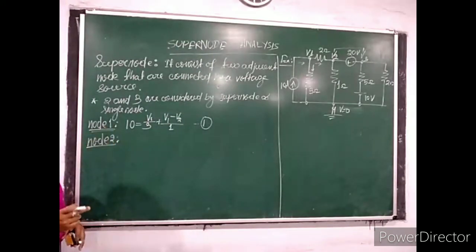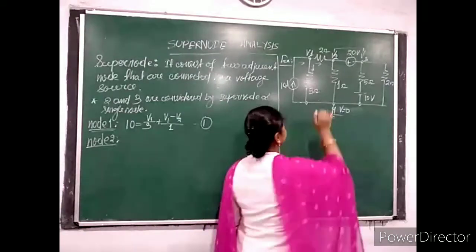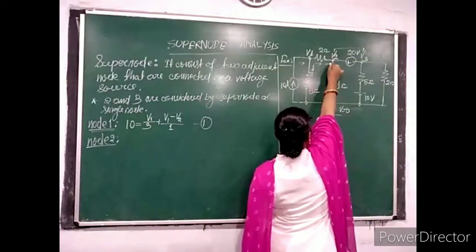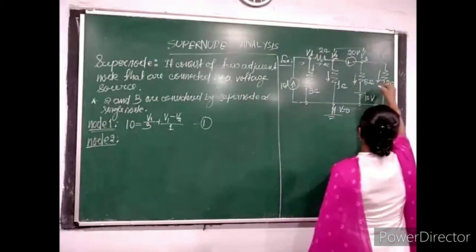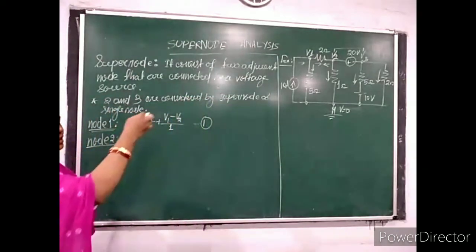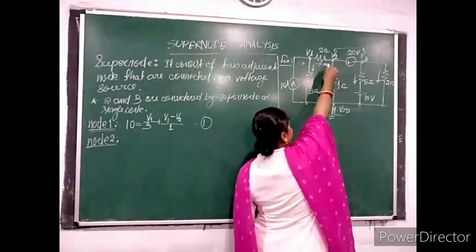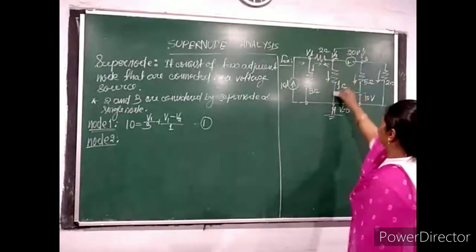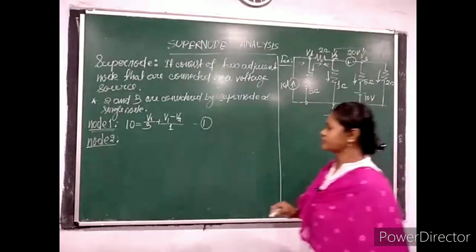When you write the nodal equation for supernode 2 and 3, at that time you consider it as a source node, with currents outgoing from this node. As I consider nodes 2 and 3 as a single node, these currents I consider through 2 ohm, through 1 ohm, through 5 ohm and through 2 ohm.